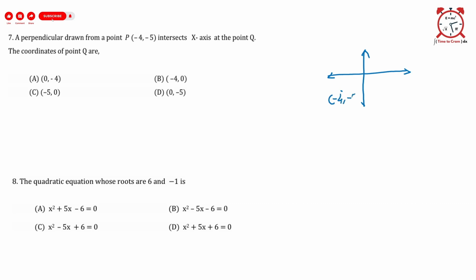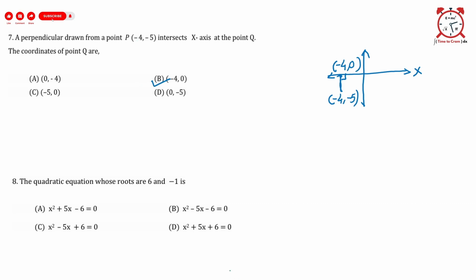Now if we draw the perpendicular from this point to the x-axis, then the y-coordinate on the x-axis is always 0 and the value of x is here minus 4. So that is why our answer is minus 4 and 0. So the option is B here.